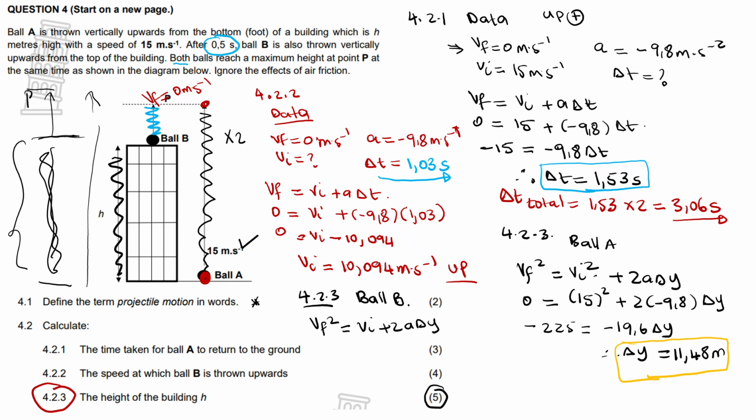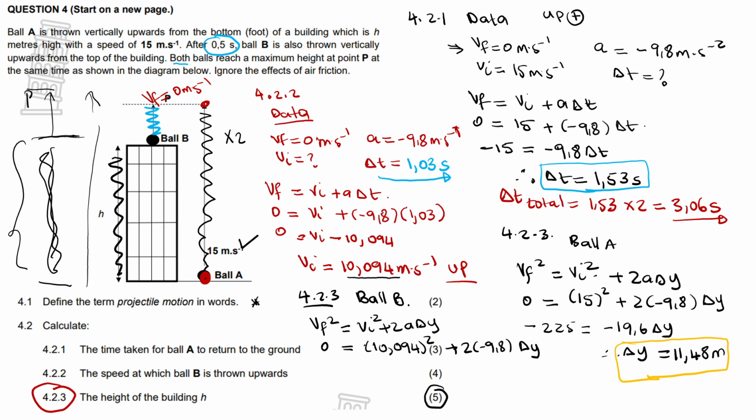So my V final is zero at maximum height, and for V initial we're going to use the one that we got, which is 10.094. Remember that is squared, so it's going to be 10.094 squared plus 2 times negative 9.8, and we are looking for delta y.